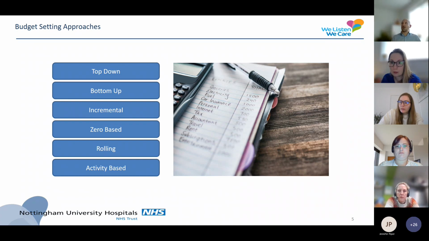Often, if you're budget setting at a lower level, you'll focus internally on your department and what's best for your department, but you won't necessarily think about how that impacts on the other departments, and how that links into the overall strategy. That's not always the case, but you do tend to get a better alignment to the overall organisational strategy with a top-down approach.